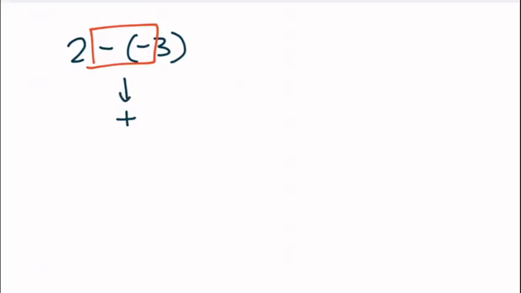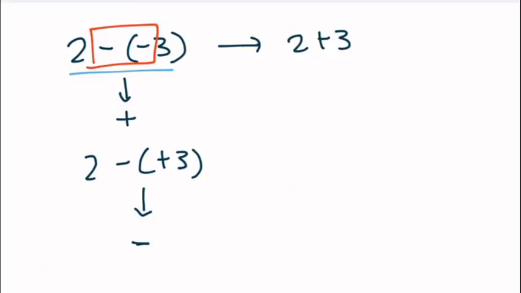If there's 2 signs that are different from each other, like 2 minus +3, that means it's a negative. So this equation in reality is just 2 plus 3. And this equation is simply 2 minus 3. Now, if this is confusing to you, we'll go more into depth with this later when we are talking about multiplying and dividing.